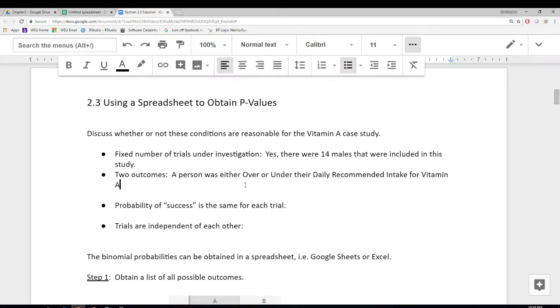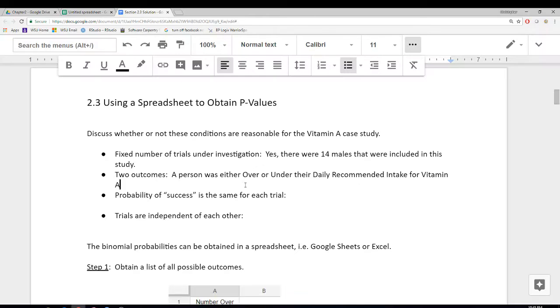Was the probability of a success the same for each trial? Now in our simulation model, the probability of success was 50-50. So this example was a 50-50 example.